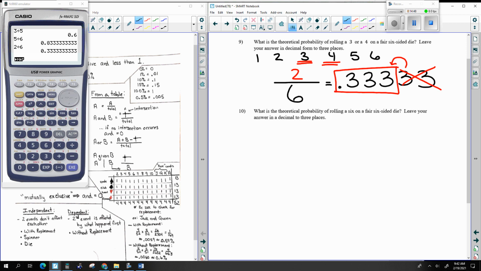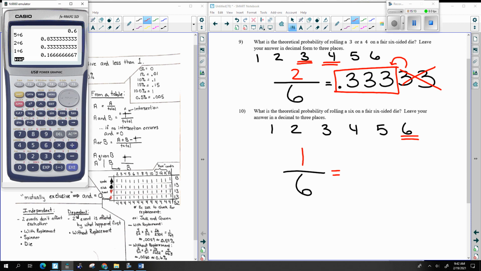Okay, theoretical probability of rolling a 6 on a 6-sided die. So 1, 2, 3, 4, 5, 6 are my outcomes. So there's 6 total outcomes. Of rolling a 6, there's only 1 six out of those 6. And so 1 out of 6 is our probability.